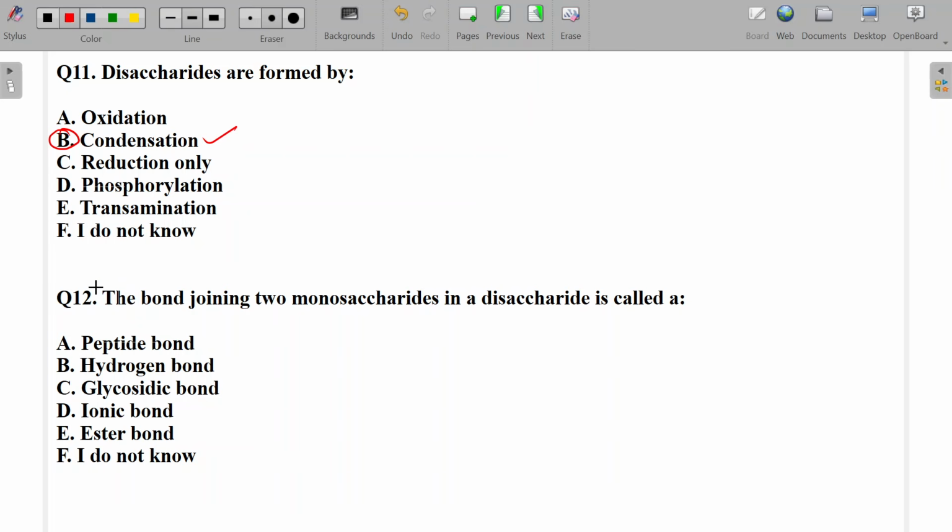So question 12, the bond joining two monosaccharides in a disaccharide is called A peptide bond, B hydrogen bond, C glycosidic bond, D ionic bond, E ester bond, F I do not know. Glycosidic bond. It's the glycosidic bond. Okay, correct.